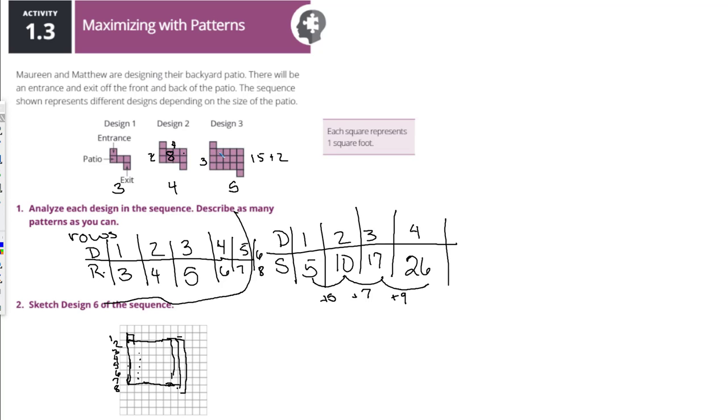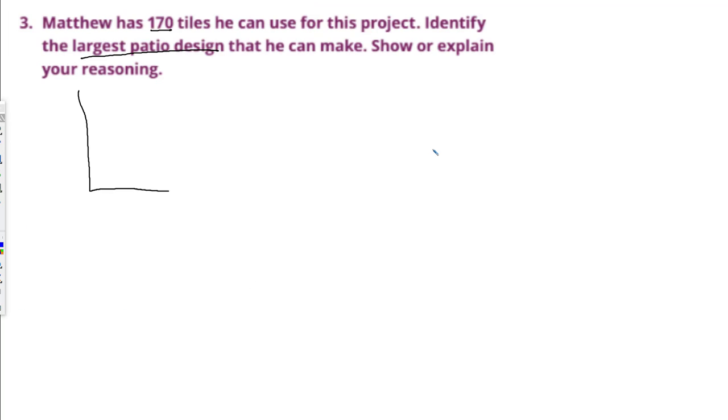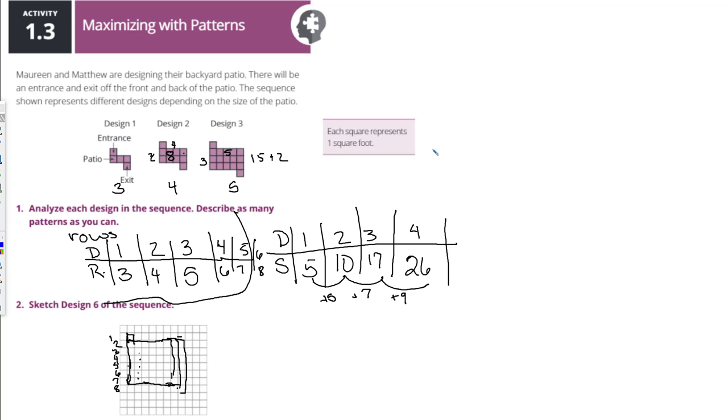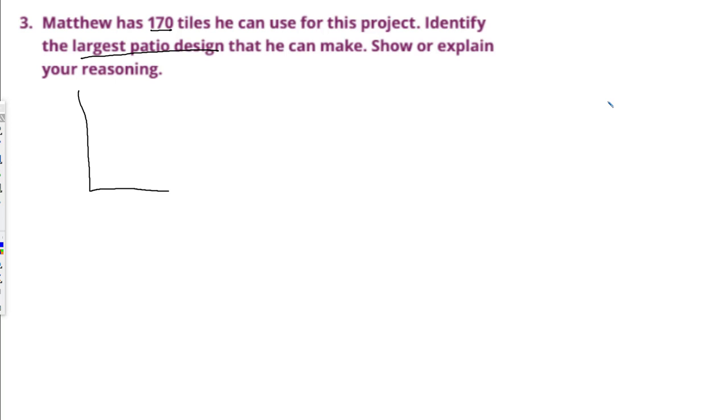This was 3 times 5. So if I was to look at going out further, we have 170 tiles. Let's go ahead and take off 2 of those, because we always had those entrance and exits. So that's going to be 168.